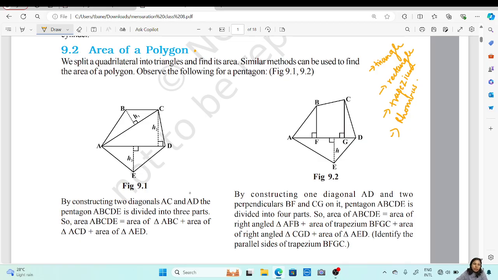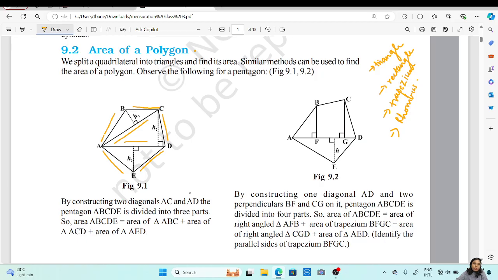Only this outer structure is given to you and you're asked to find its area. Here, they have drawn a diagonal. This diagonal is given to you, and this one side is given to you. Here we will get one triangle.